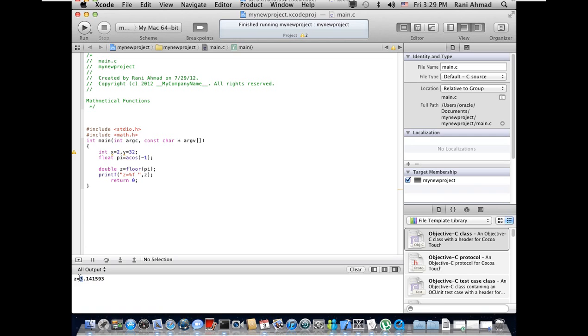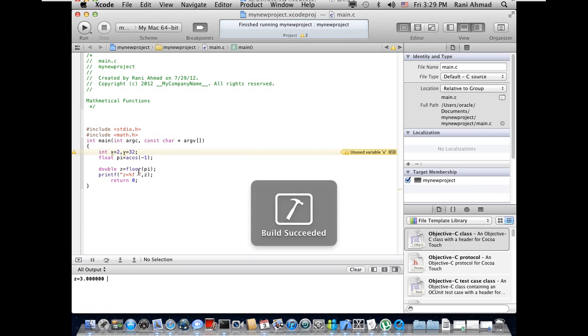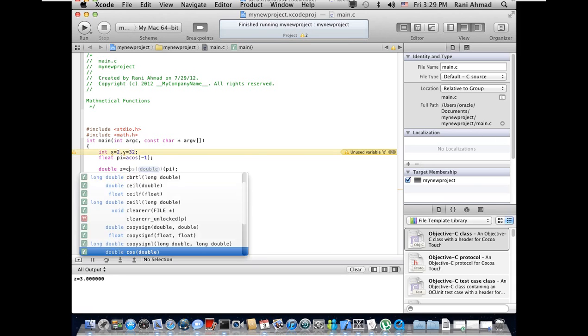What would be the next number of the integral part? This is the ceiling. So the floor will be 3 and the ceiling will be 4. So this is a floor of pi and we get 3, and this is the ceiling of pi, I should get 4.